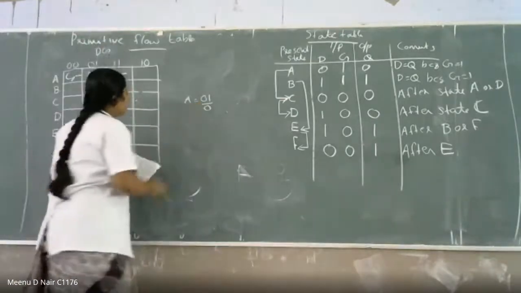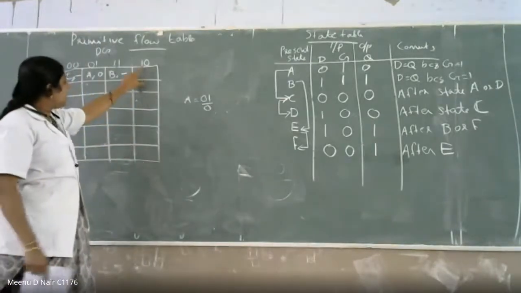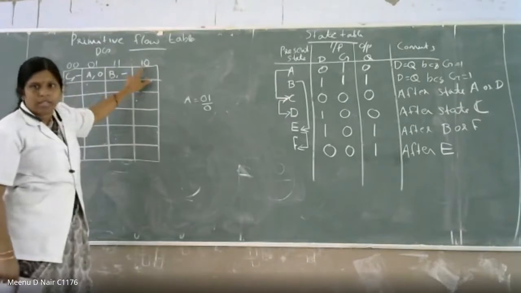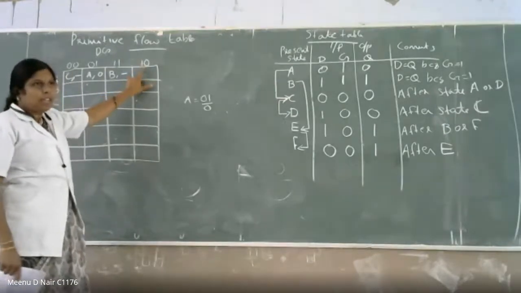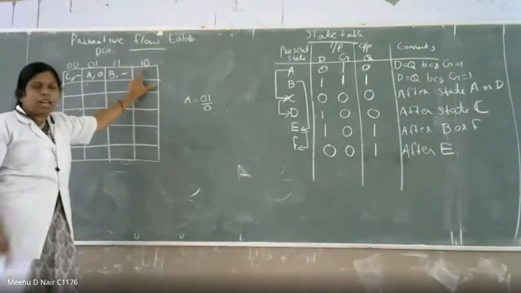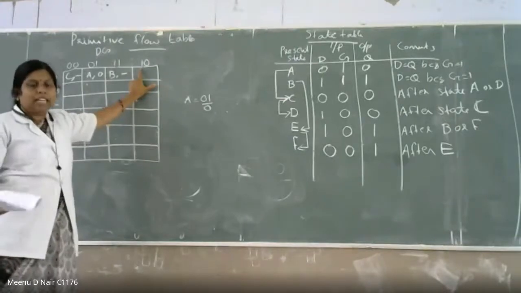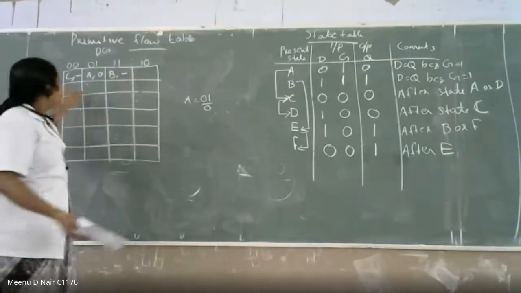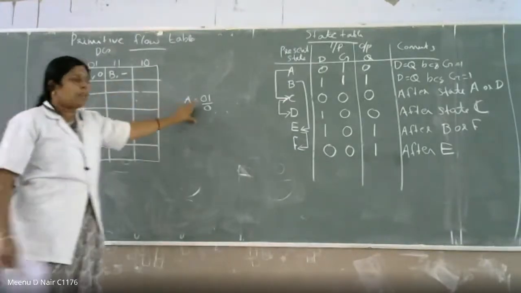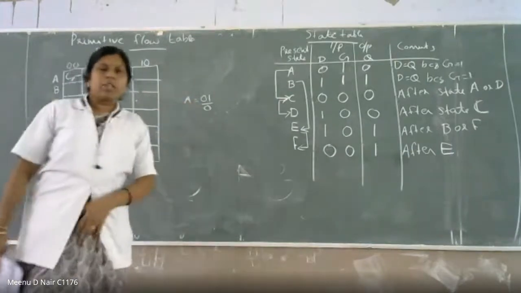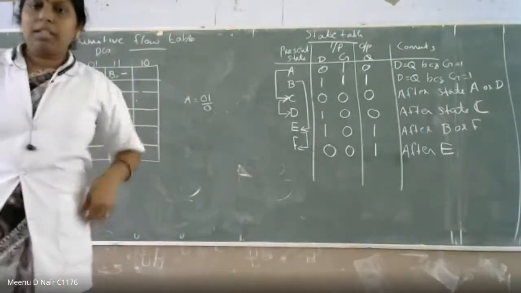A is nothing but 0 1, but this cell corresponds to 1 0. So you have to check whether I can make 1 0 from 0 1. Is it possible?